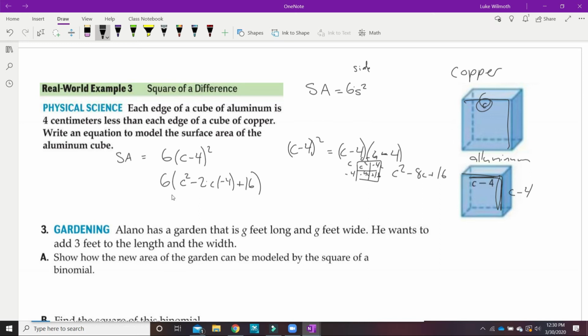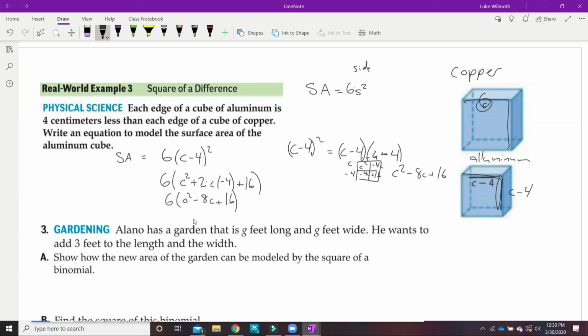If I simplify this a bit more, I get 6 times c squared, no, that should be minus. That should be a plus there. Okay. We get c squared, negative 4 times 2 is negative 8c plus 16, which is the same answer we got over here.